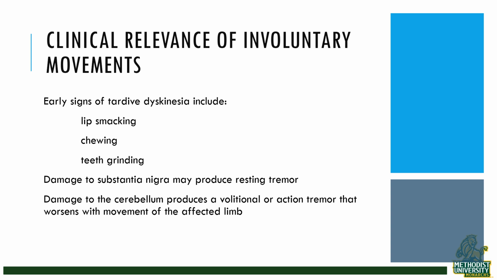People who have cerebellar damage may also have a tremor, but these tend to be tremors that get worse with motion, so they're called action tremors or intention tremors or volitional tremors. And as the limb moves and attempts to perform an activity, the tremor gets worse.